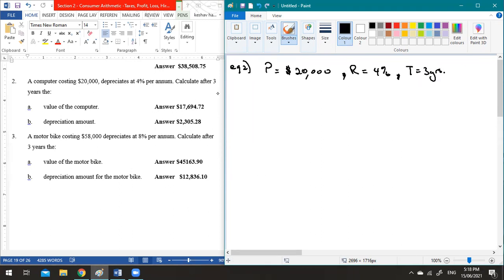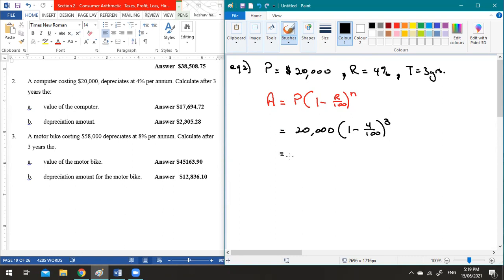Now, anytime they give you time in months, you have to convert it into years, just for you to remember that, right? So again, the formula is the amount that it will be worth after time is the principal amount multiplied by 1 minus the rate over 100 to the number of years as the power. So 20,000 by (1 minus the rate, which is 4% over 100) to the number of years, which is 3.